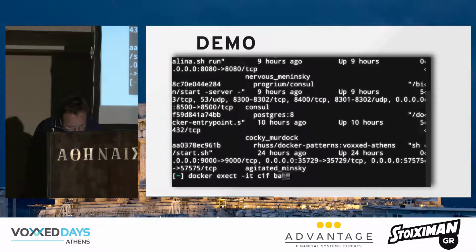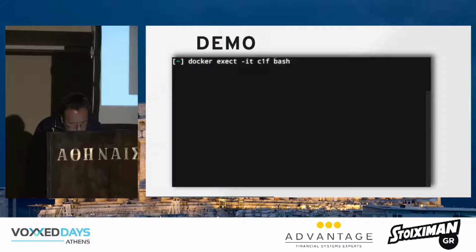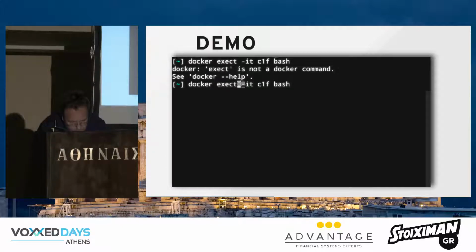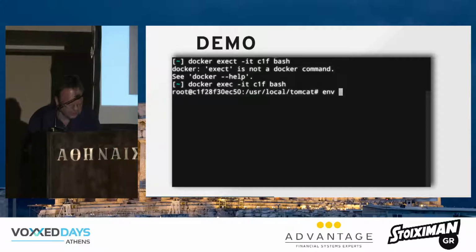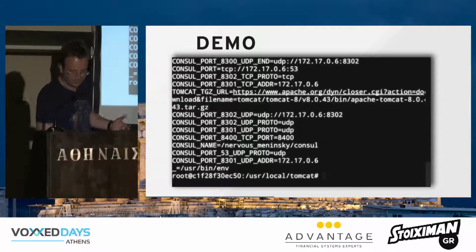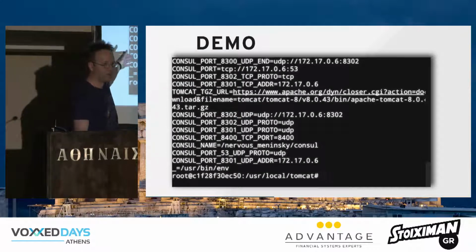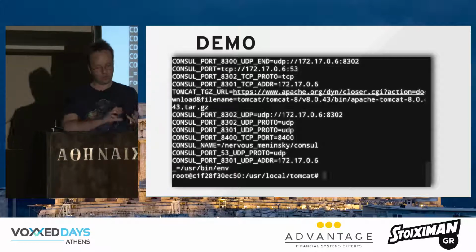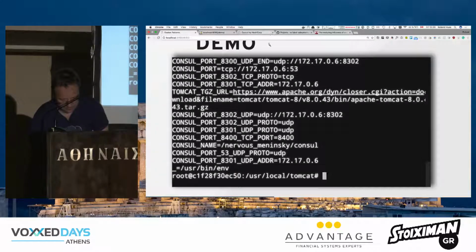I make a bash. So what I do here now is I jump into the running container. And what I can now check, if I check the environment variables within this container, you see that there are a lot of environment variables set automatically. And these come from this Consul service which has been linked together during runtime.